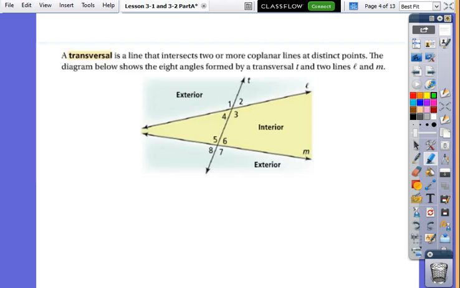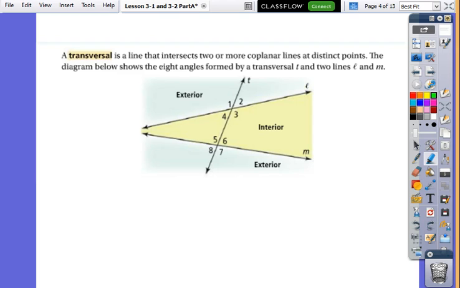So the blue area is the exterior, the green area is the interior. How many angles do you see in the interior? And how many angles do you see in the exterior? So we're going to refer to interior angles and exterior angles in relationship to the 2 lines that are not the transversal. And we're going to be working with the relationships.